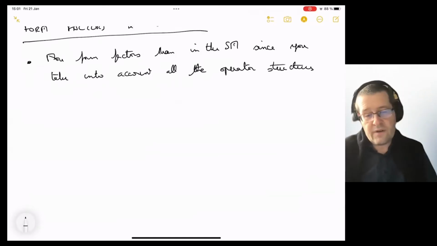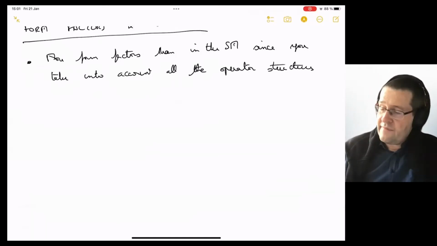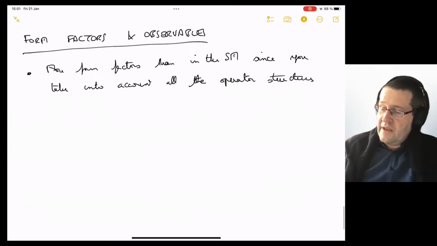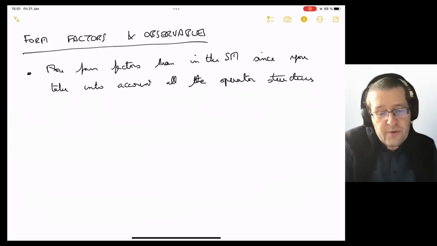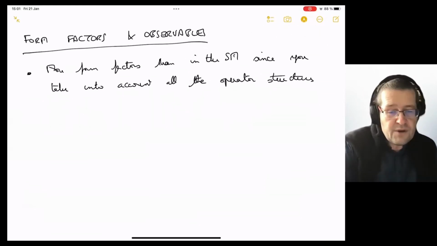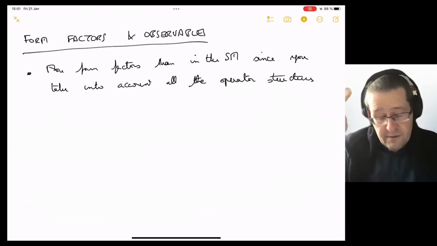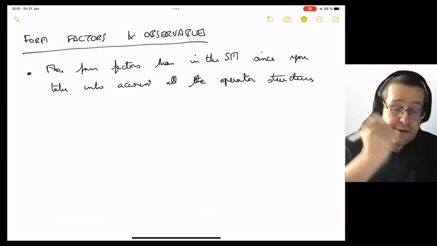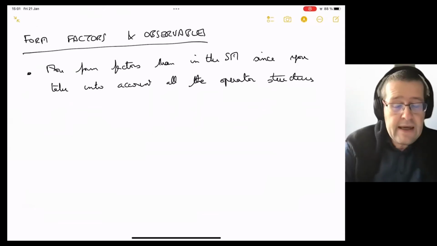You see that you've got a few operators that can contribute with different structures: axial, vector, scalar, pseudoscalar, tensor, and various cases.